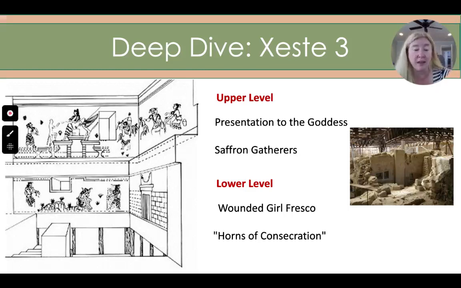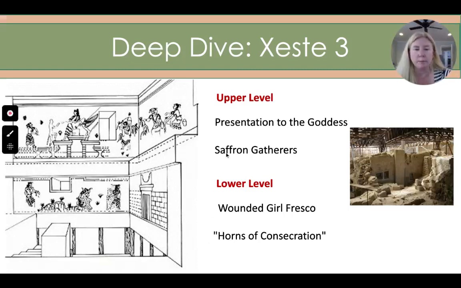This, we think, is a very stylized depiction of bull's horns that tends to be on the tops of shrines, right? We tend to see this particular symbol on buildings. There were plenty at Knossos, and we see them in art as well, associated with Minoan shrines. So this seems to be a shrine, okay? So that's the lower room. The upper room, so right, we've got the wounded girl, we've got the horns of consecration.